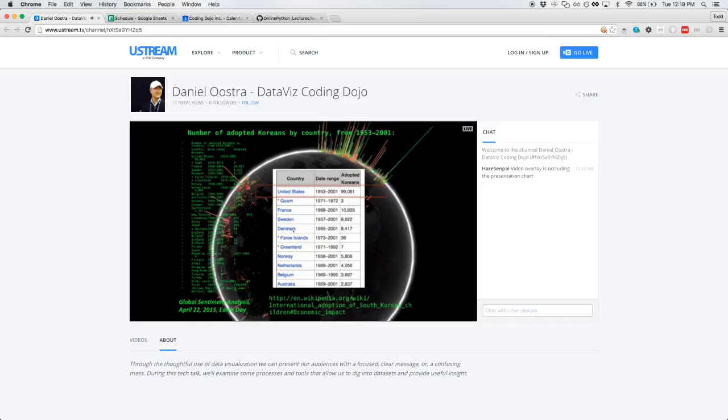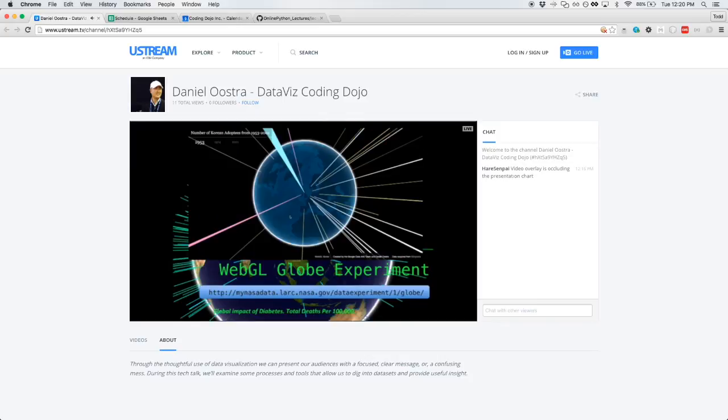Here's a slide showing where the children went during that range I was talking about. I took this data set, boiled it down, and that's exactly what I used to build some of these visualizations. I got more into this data, and I started to learn things about it. I even did a WebGL experiment where I took all the children, where they were born or where they moved to after they were adopted, and I put them on a globe so I could see them in the world.